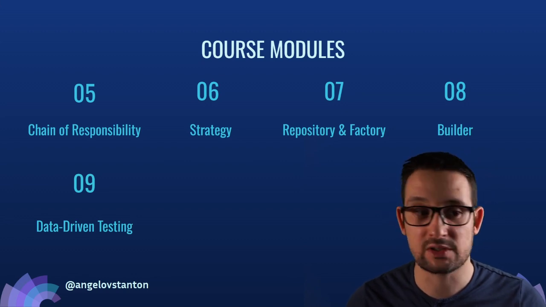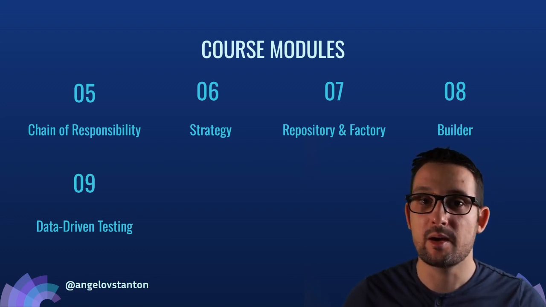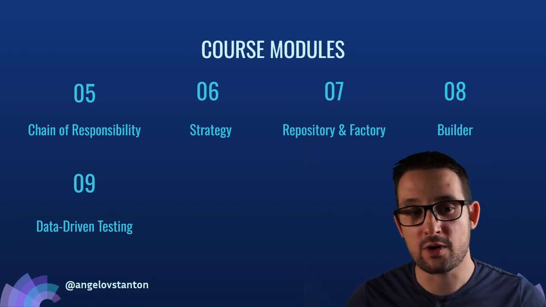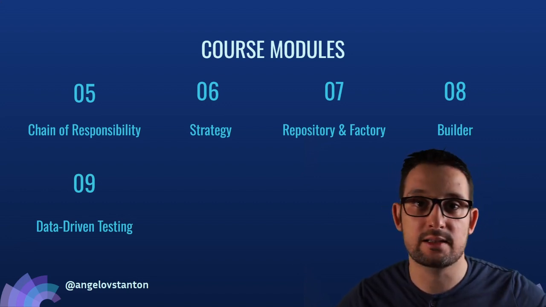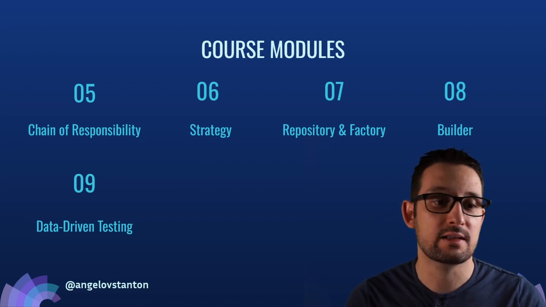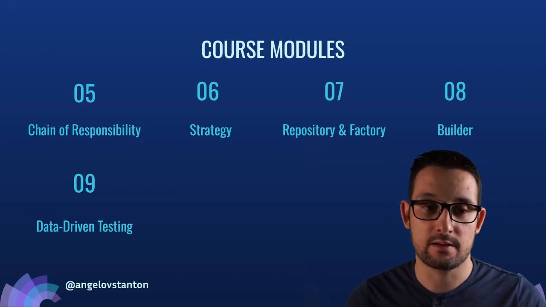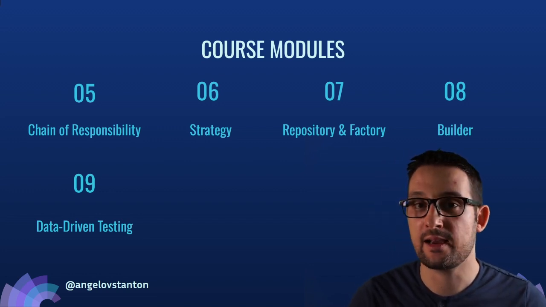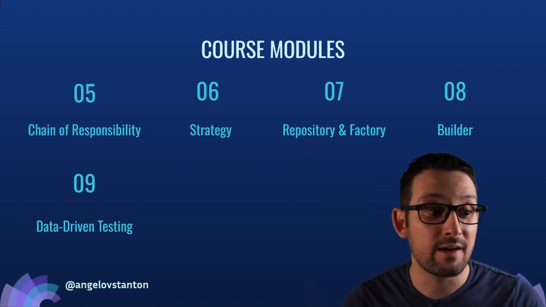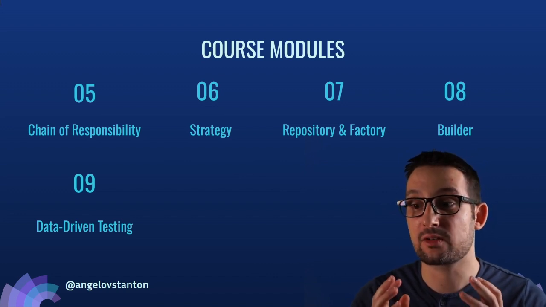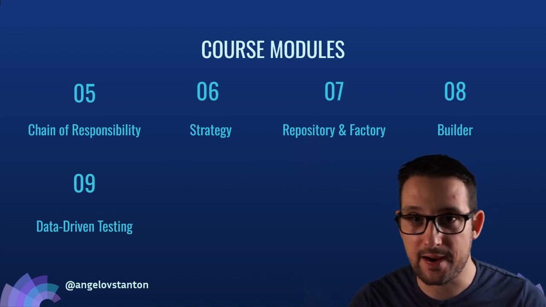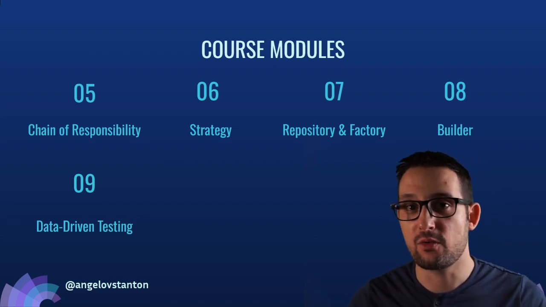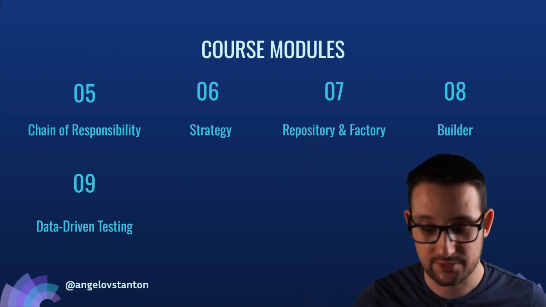We're going to cover the strategy design pattern for waiting and finding strategies in our framework. We're going to discuss different test data management techniques and learn about factories, repositories and builders. And last but not least, we're going to cover data-driven testing, so that we don't need to always copy-paste the body of the test, but instead reuse one test for many test data parameters.